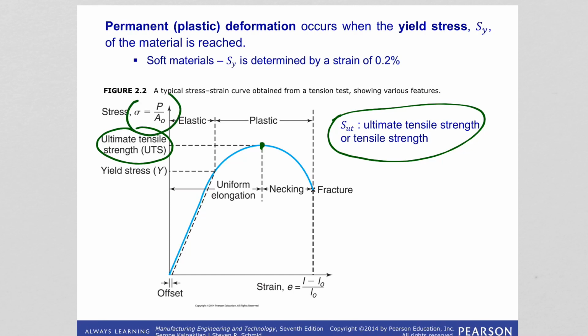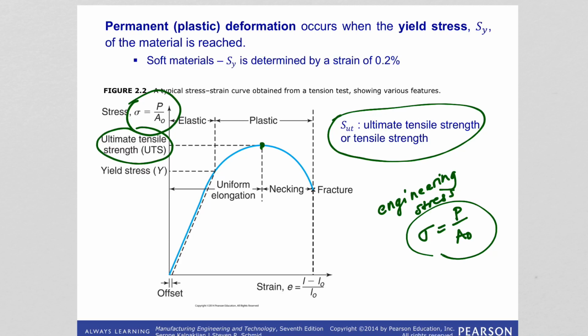The engineering stress is defined by force over cross-sectional area, but the original cross-sectional area. So throughout the experiment, it only changes the force that is needed to keep the deformation rate constant and keeps dividing it by the original cross-sectional area, not changing the area, always calculating the stress from that equation and drawing the curve.